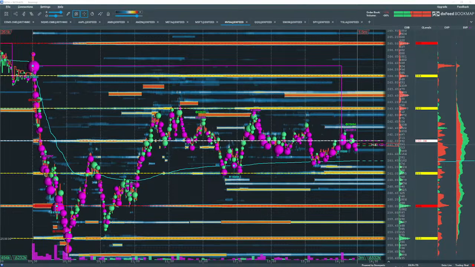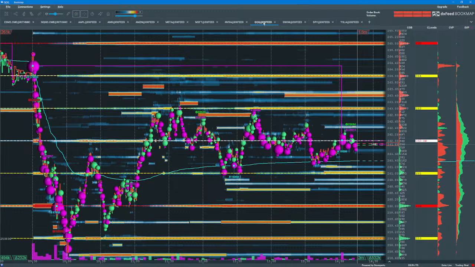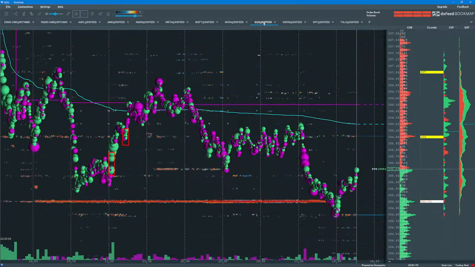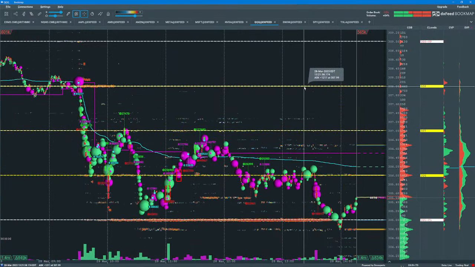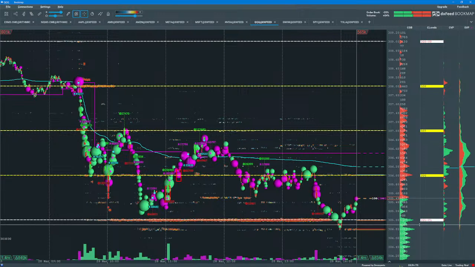Let's take a look at QQQ. And so there is the 305 C1 level in play. So far acted as support.